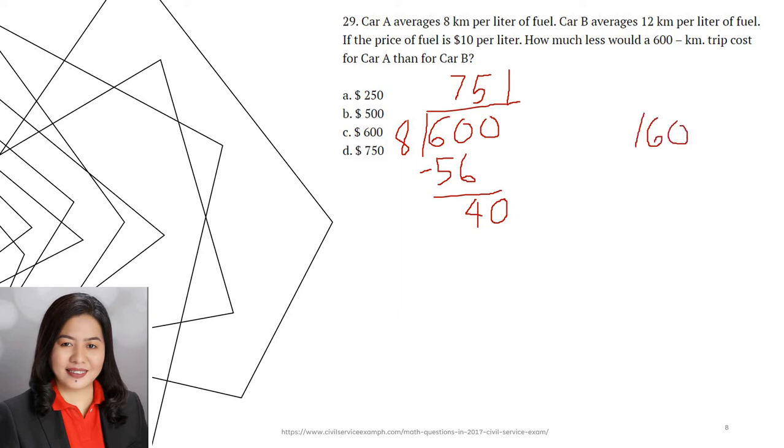So different kind of gasoline because you have different amounts. 600 divided by 12 is 50.